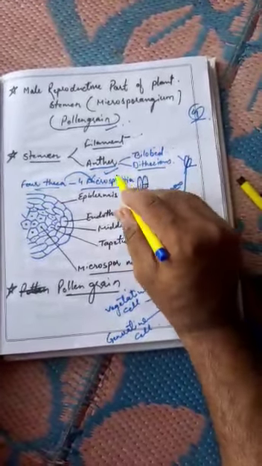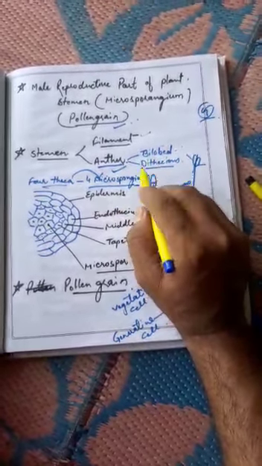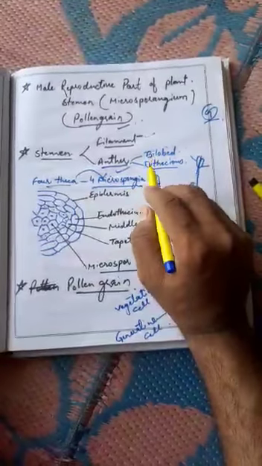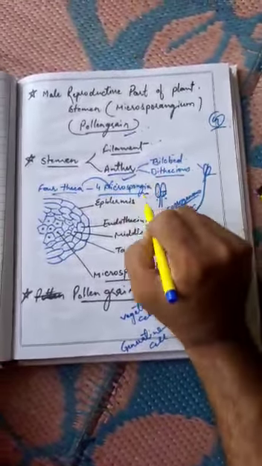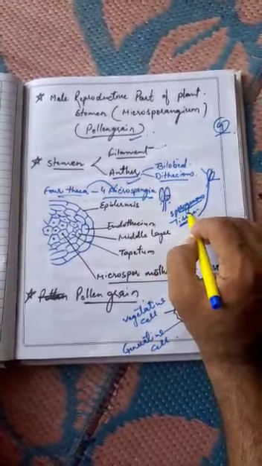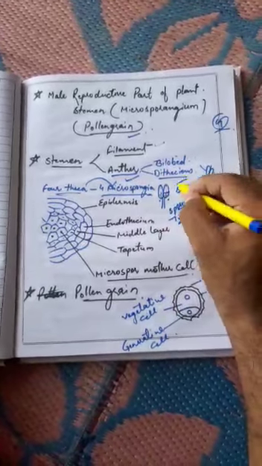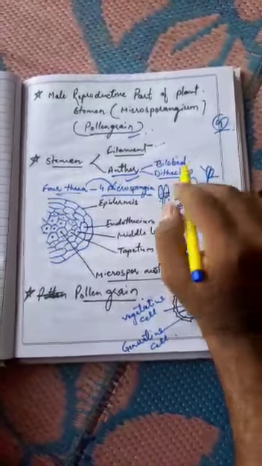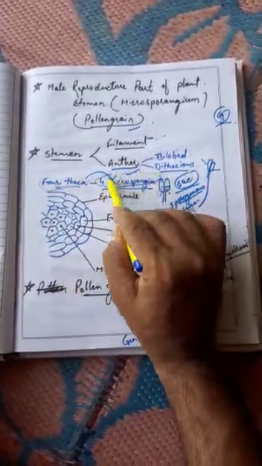That means every theca becomes a sporangium. A sporangium is a place where pollen grains or microspores will be produced. Microspores or pollen grains, both are the same thing. Inside each theca, sporogenous tissue converts into a sac, and including all 4 sacs, 4 microsporangia are produced.